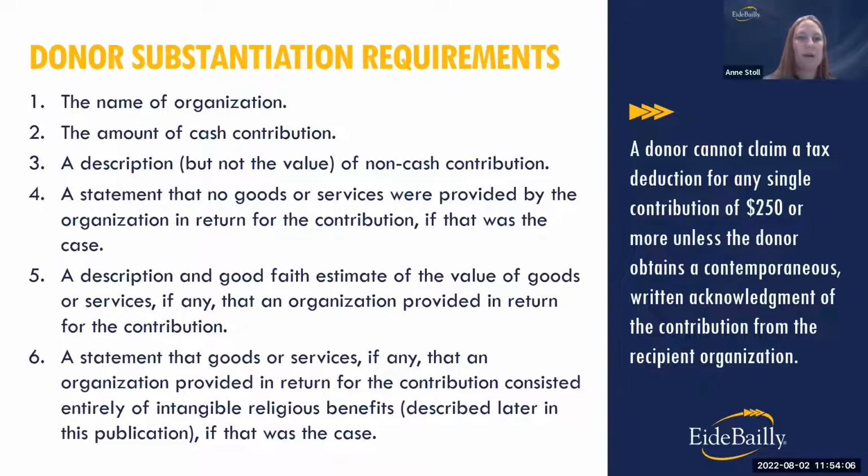And then of the bottom 3, pick the one that best fits the facts and circumstances of the donation. The reason this is important is that a donor cannot claim a tax deduction for any single contribution of $250 or more unless they have this contemporaneous written acknowledgement of receipt of the contribution from the recipient organization when they're filing their tax return.